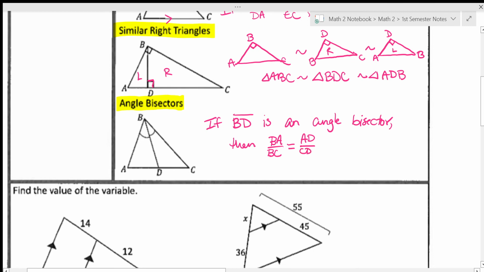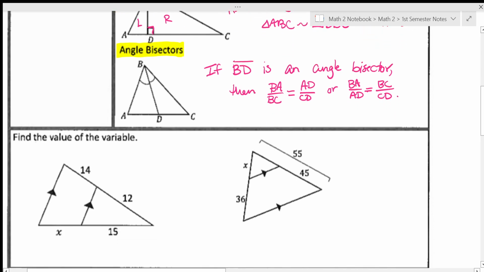So long over long equals short over short. Or we can also write it as long BA over AD equals BC over CD. So we can either go long over long equals short over short, or long over short equals long over short.